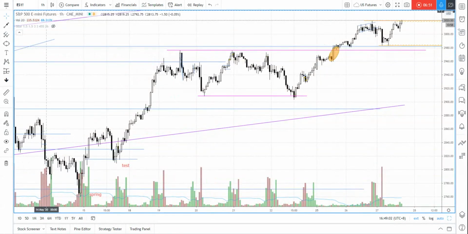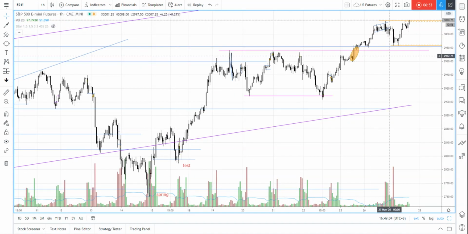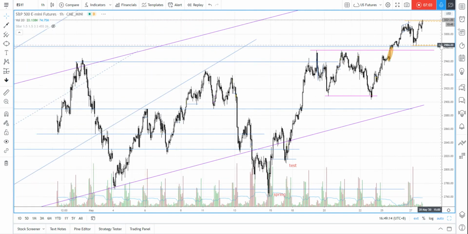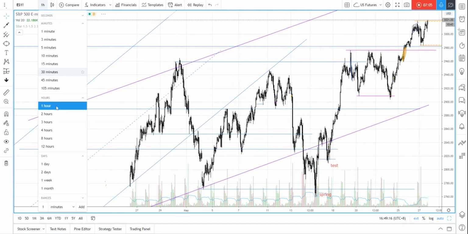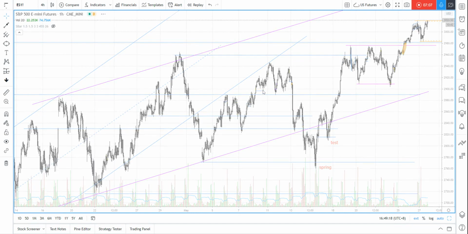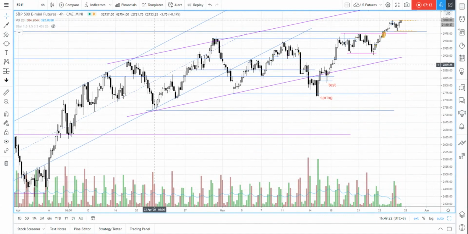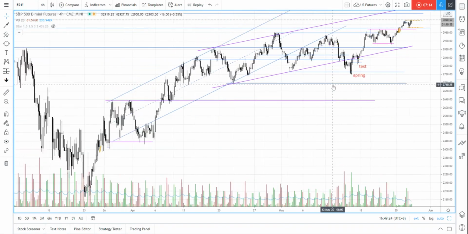The bias that I'm having for day trading today is definitely up, and for swing trading it is still up, because if we zoom out and look at H4, you can see that we're still within this up channel here.